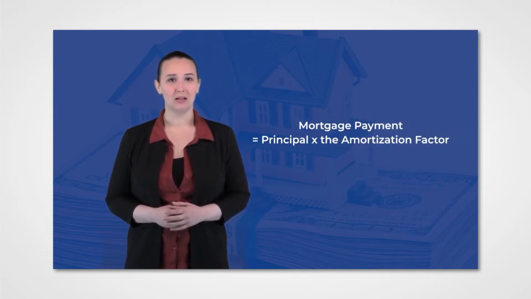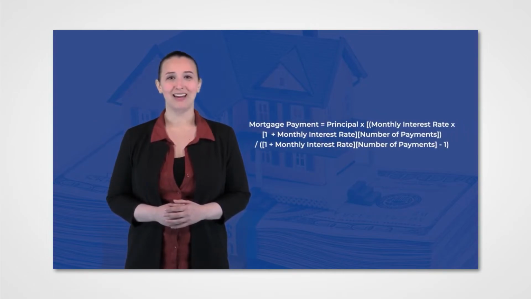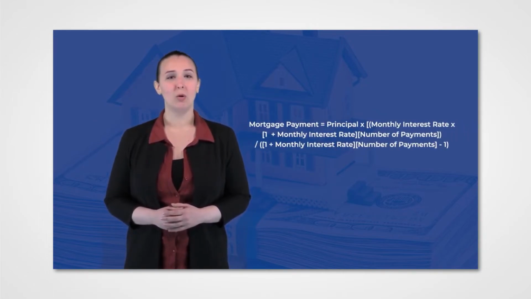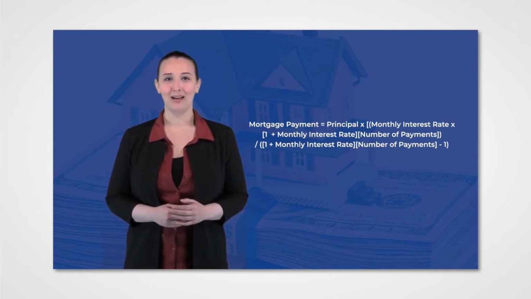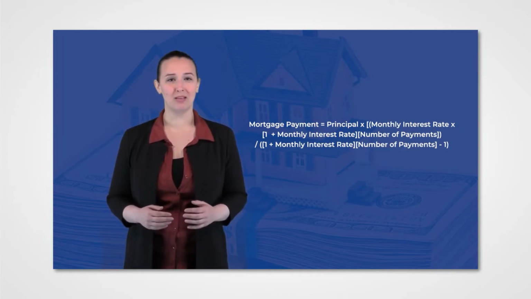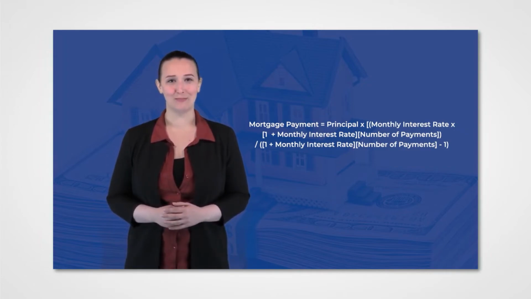So the formula we'll use is the mortgage payment equals principal multiplied by the amortization factor, or the mortgage payment equals the principal multiplied by the monthly interest rate multiplied by 1 plus the monthly interest rate to the power of the total number of payments, divided by 1 plus the monthly interest rate to the power of the total number of payments minus 1.